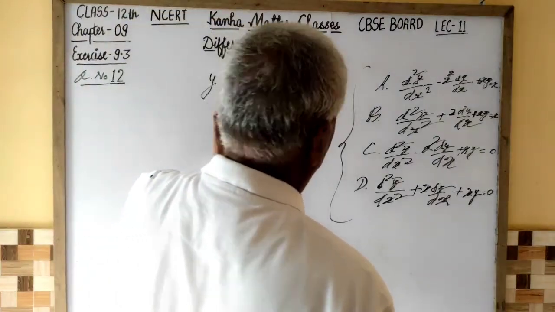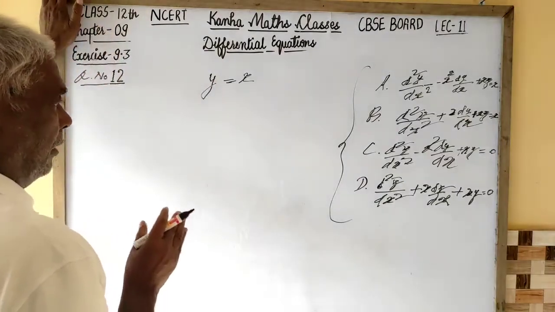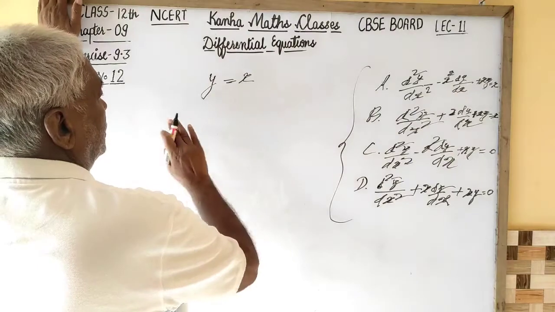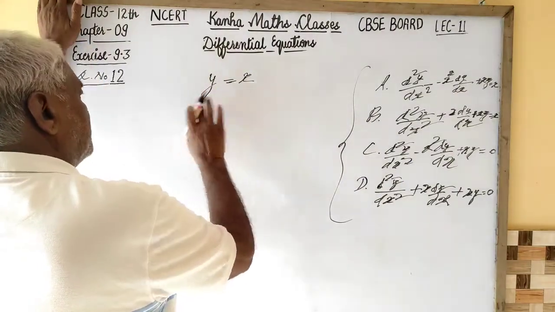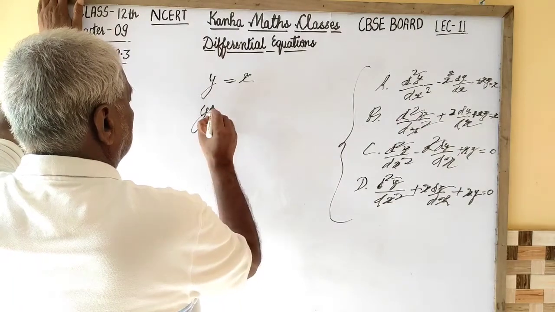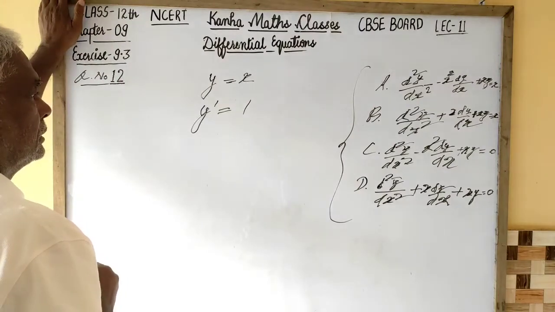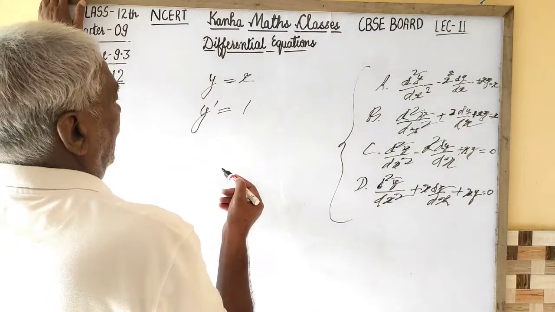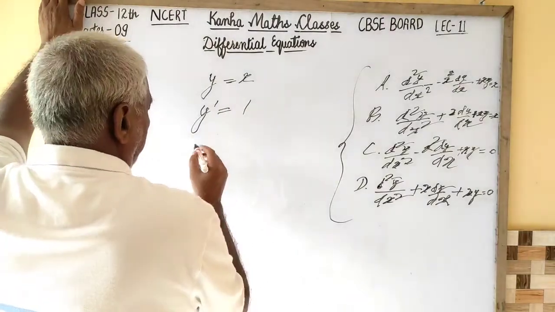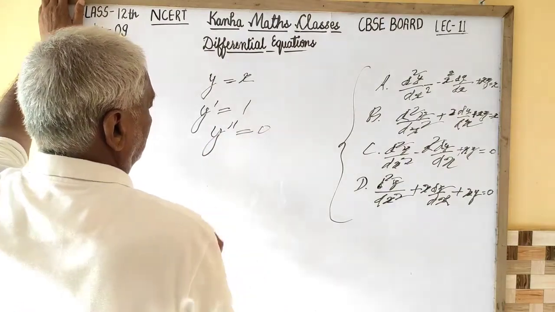Now, in order to find the appropriate alternative, we will try to find the first derivative of this expression, that is y dash is equal to 1. Again taking the second derivative, y double dash is equal to 0.